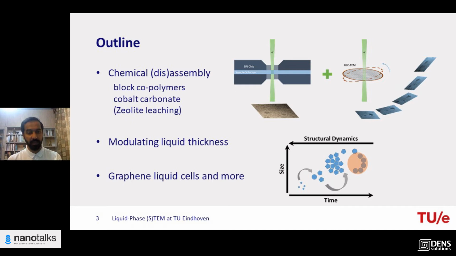And at the end, I will talk about the graphene liquid cells and the perspective of using graphene liquid cells in the future. So you can choose which part you want to listen to more carefully.